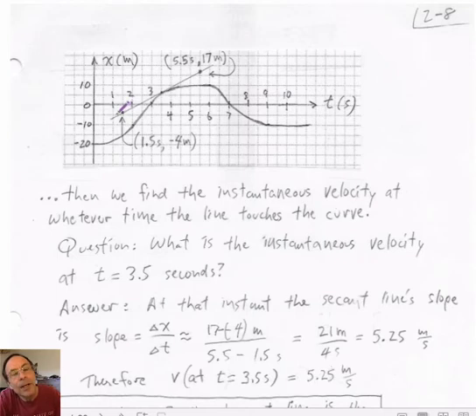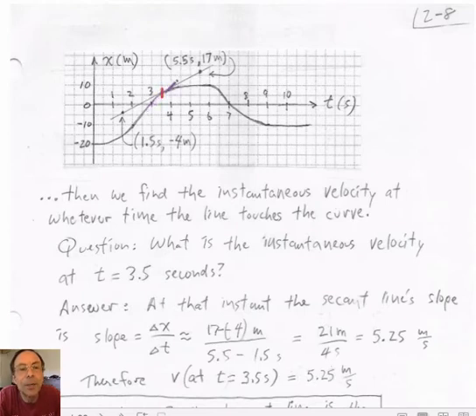And if I can figure out what the slope of this tangent line is, it tells us the velocity of the skateboarder right at the time where the straight line and the curve touch. So it looks to me that this is going to end up being 3.5 seconds.